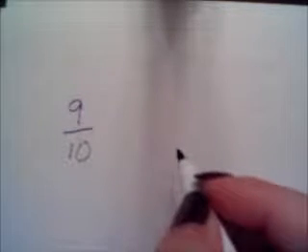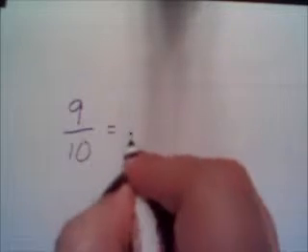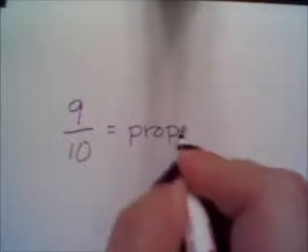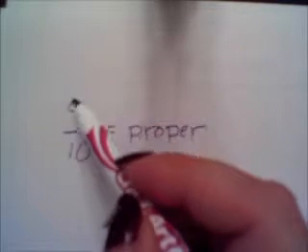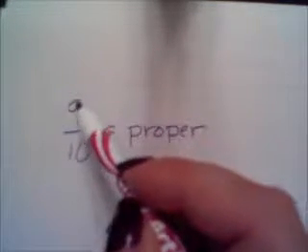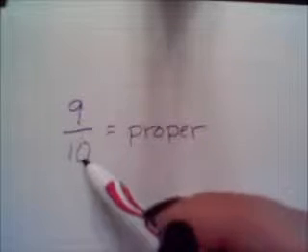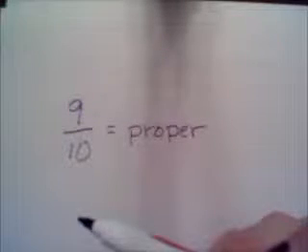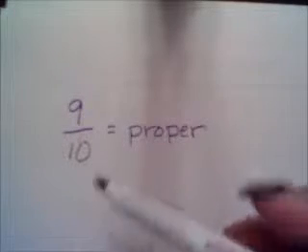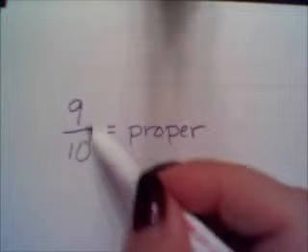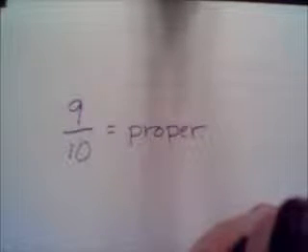So if I had 9 as a numerator and 10 as a denominator, this is a proper fraction. The reason it's a proper fraction is because a proper fraction is one in which the numerator is smaller than the denominator, okay? Because why? A fraction is a part of a number, okay? So this is a proper part of a number, okay?